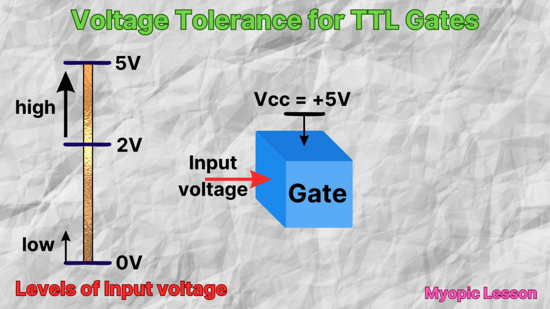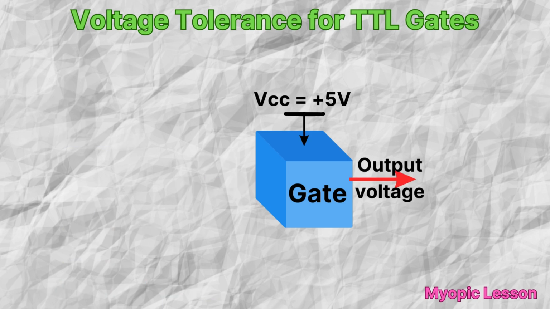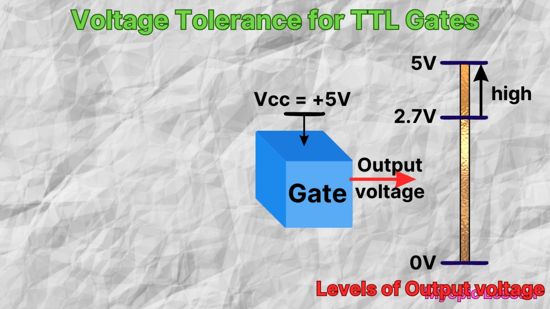The state low or logic 0 is considered when input voltage is 0 volt to 0.8 volt. The specification is tighter at the output side. Voltage between 2.7 volt and 5 volt is considered as high or logic 1, and voltage between 0 and 0.5 volt is treated as low or logic 0.